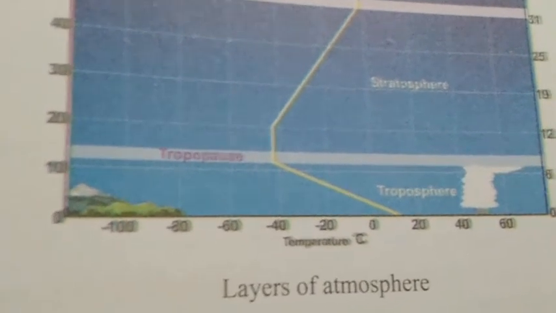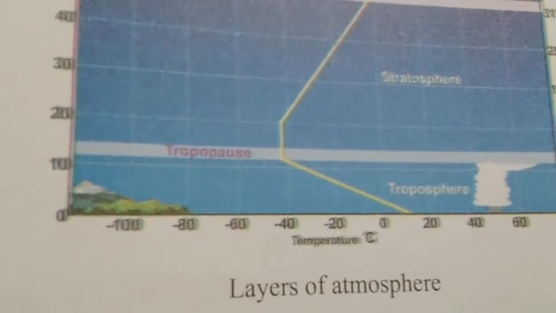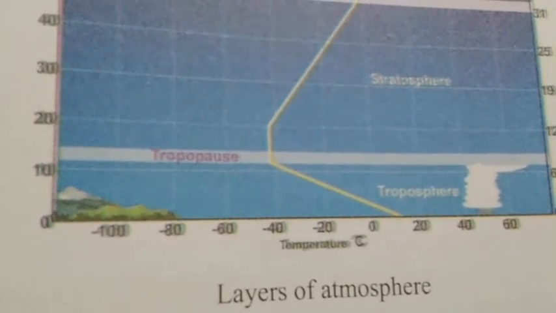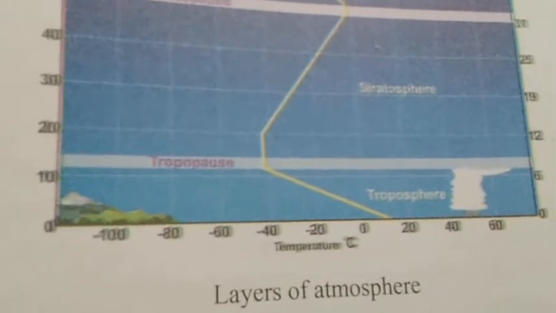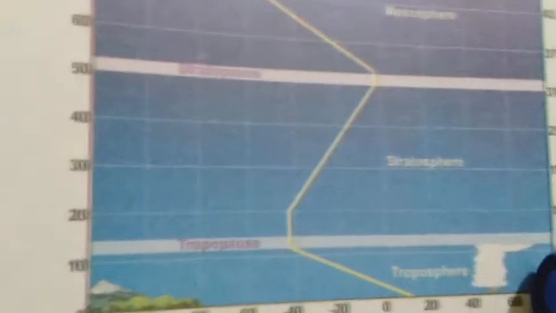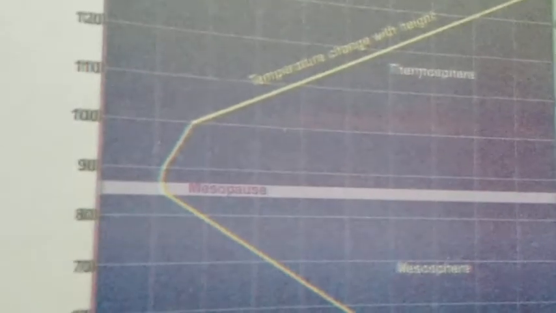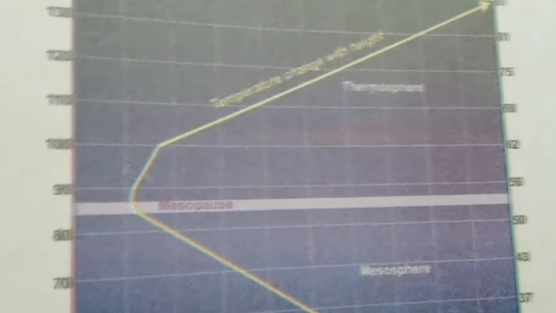The atmosphere is divided into 5 layers, based on composition, temperature, and other properties. Starting from the surface of the earth, the layers are called troposphere, then stratosphere, then mesosphere, then thermosphere, and lastly exosphere.